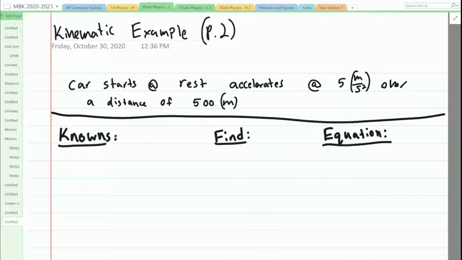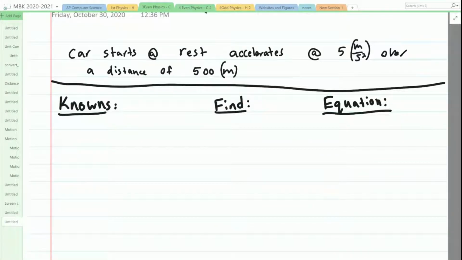All right, so just like before, we are going to go through and figure out what we're given and what we need to find. So if a car starts at rest, that tells me that my initial velocity, v sub i, is equal to 0 meters per second. And I want to be consistent, meters over seconds. And then it accelerates with a value of 5 meters per second squared.